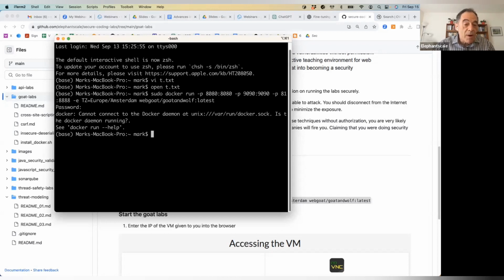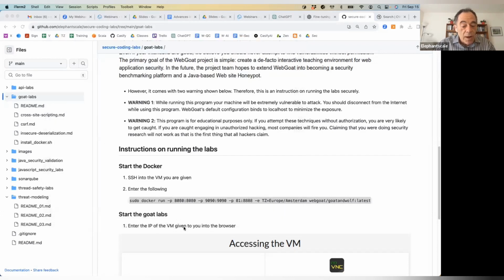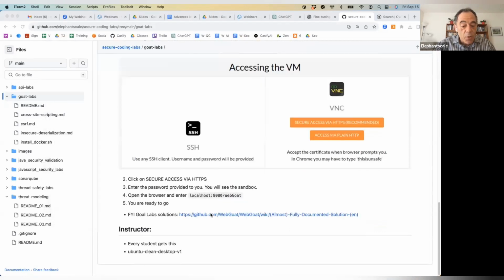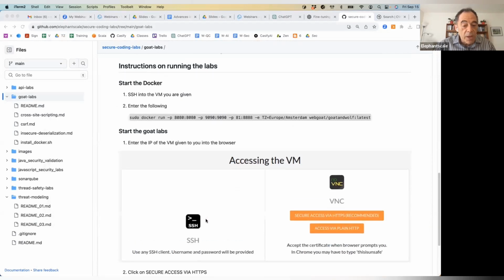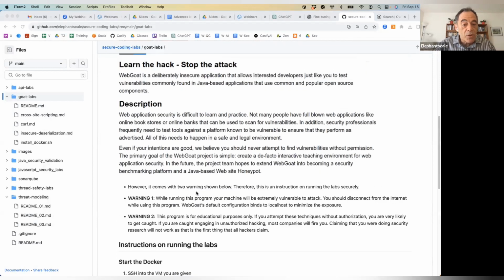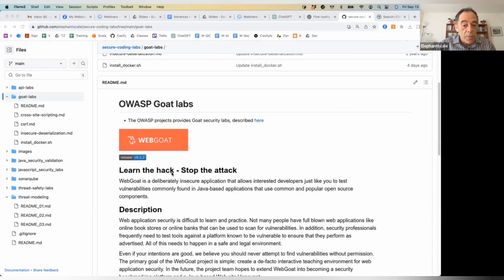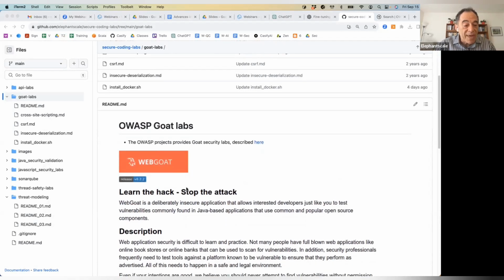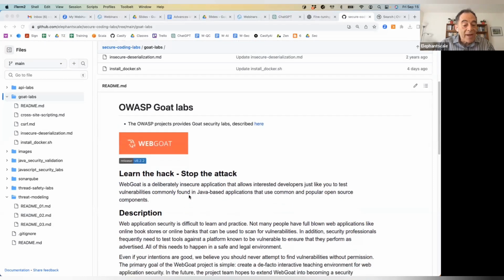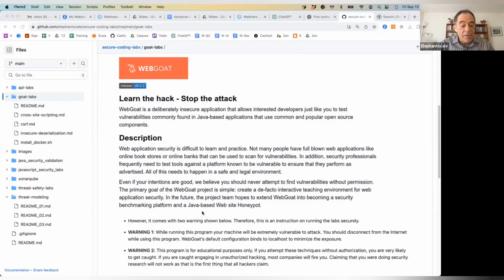But in my virtual machine, it would work. And so you will see all vulnerabilities, and you will see how to try them, how to be hacked, and how to hack yourself with another warning that please don't hack others.